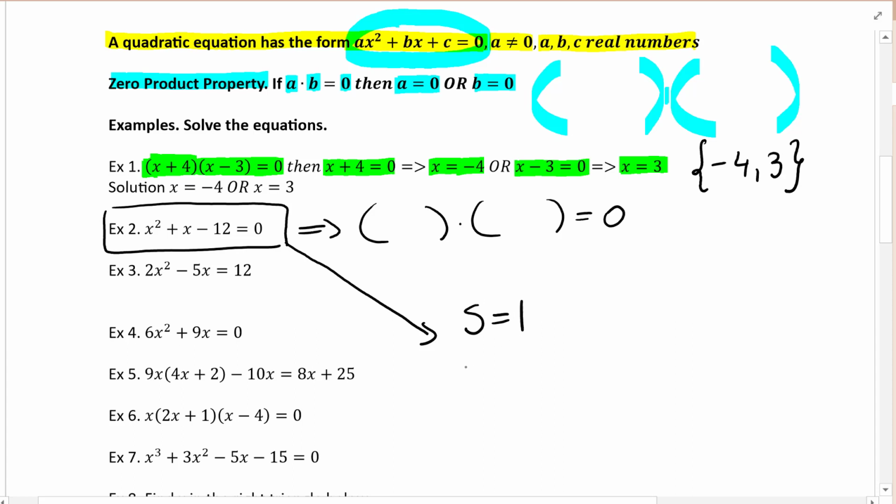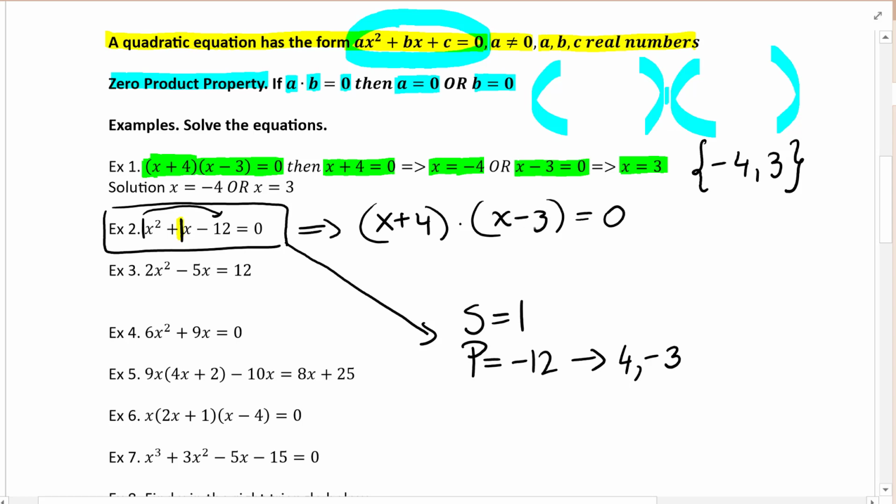If you remember, the sum is given by the coefficient of x, which in this case is 1, and the product is given by a times c. So in this case, 1 times negative 12, negative 12. The two numbers that satisfy this are 4 and negative 3. 4 times negative 3 is negative 12, and 4 plus negative 3 is 1. So the factors are x plus 4 times x minus 3.